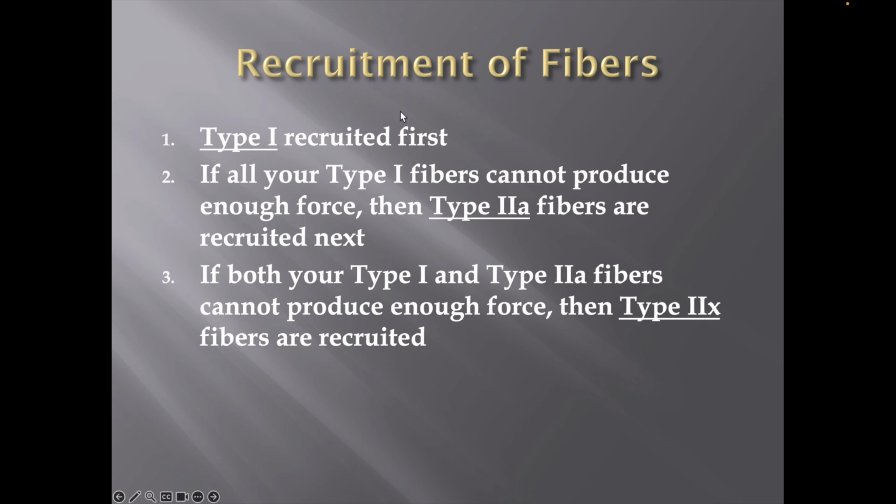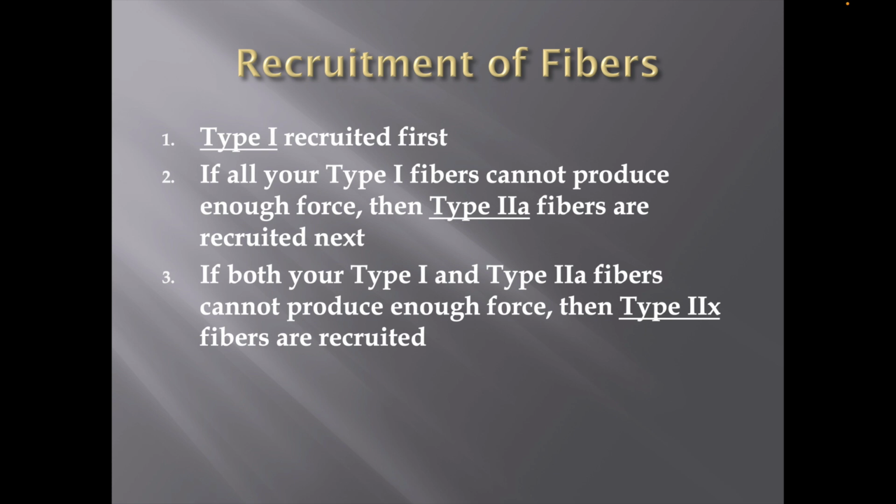Because your body wants to use these type 1 muscle fibers because they are the smallest and they are the most fatigue resistant, meaning that you're not going to get tired very easily. So they're going to try to recruit all the type 1 muscle fibers to produce the given movement. However, as we know, type 1 muscle fibers produce the least amount of force.